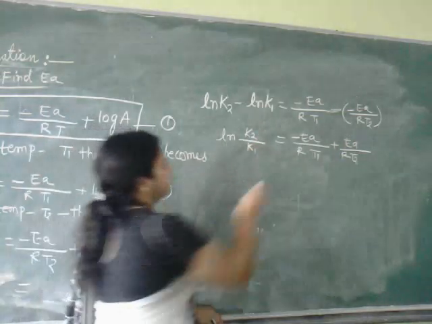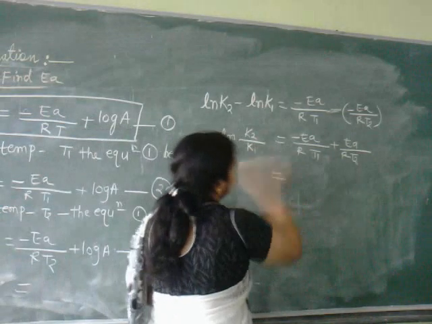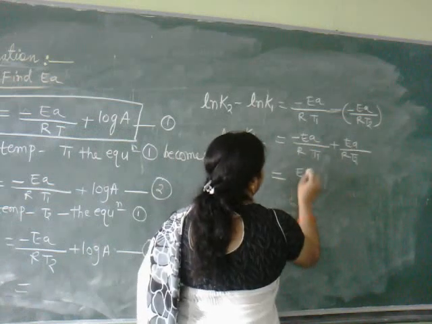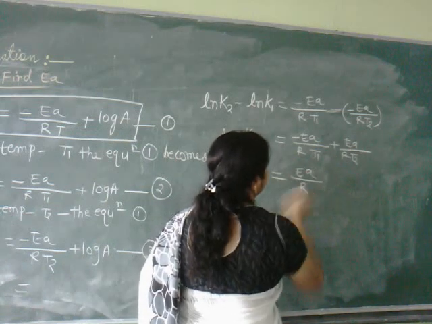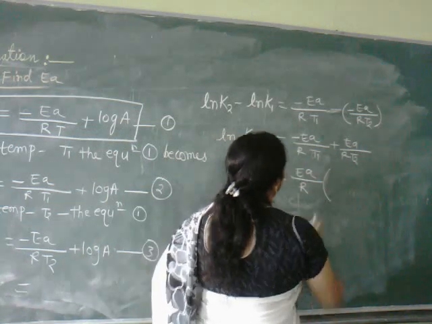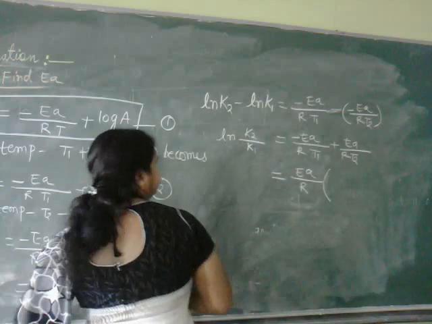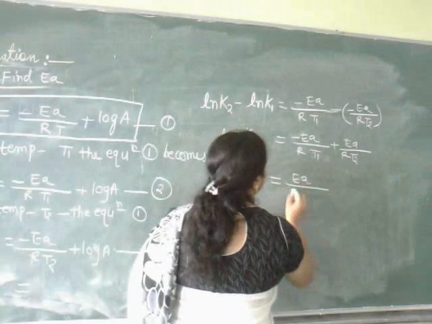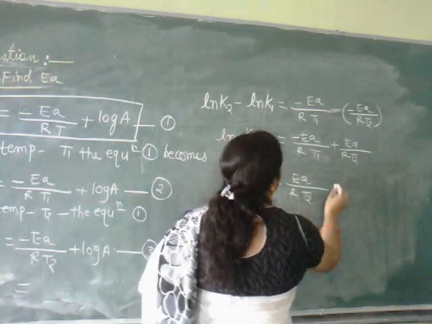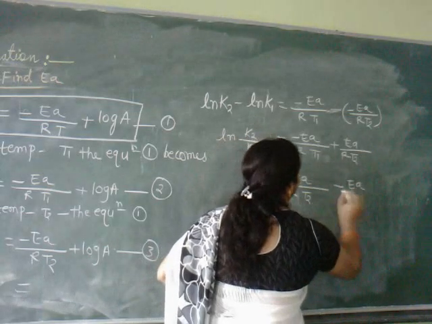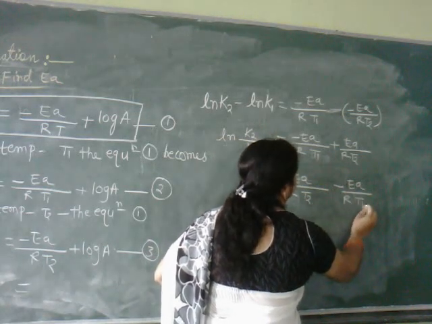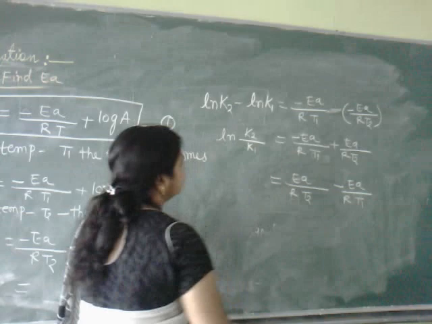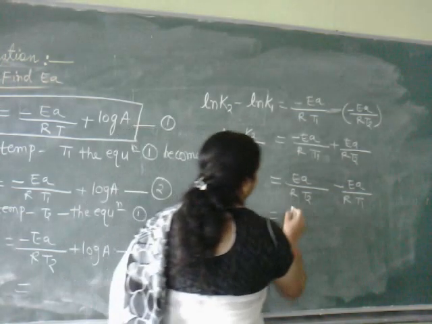Here we have Ea by R common, just take it out, or we can rearrange this equation and write it like this also.